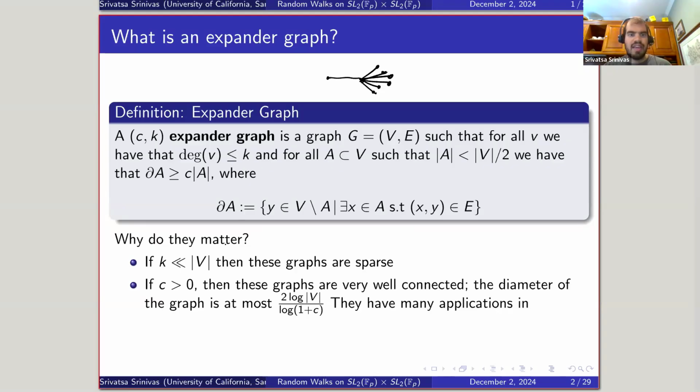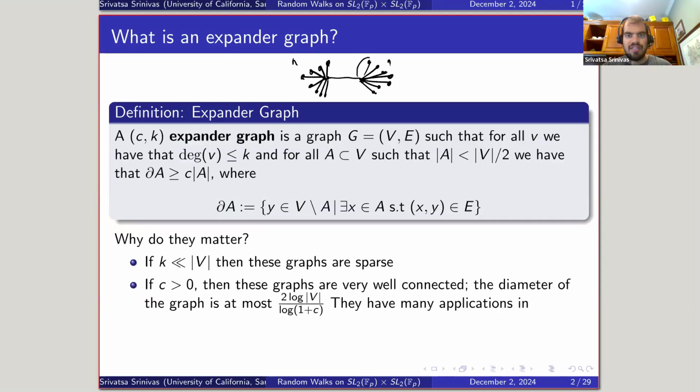So if you take this dumbbell graph over here, and this side has n vertices and this side has n vertices.